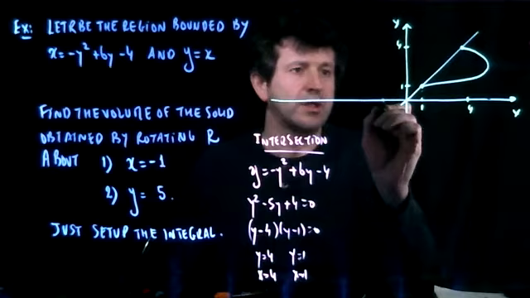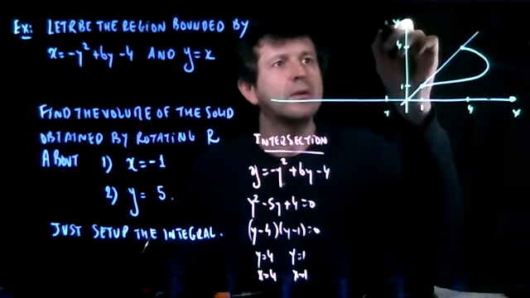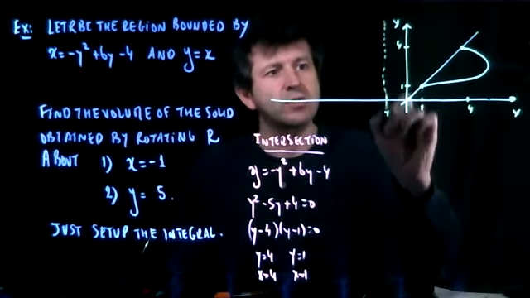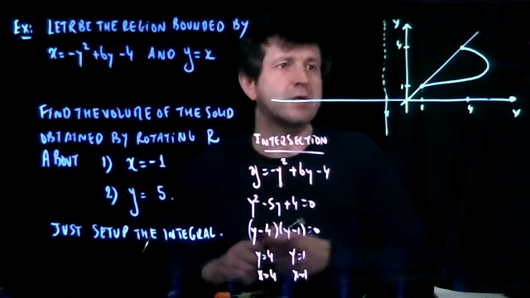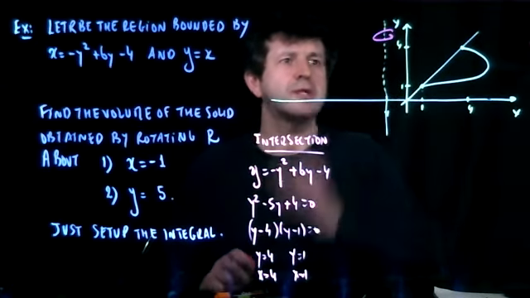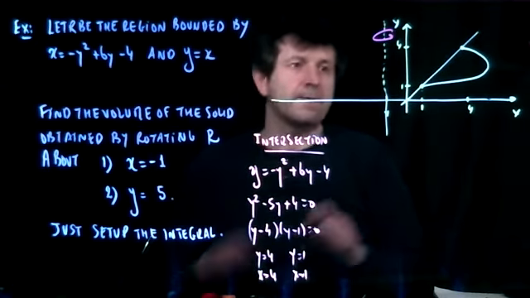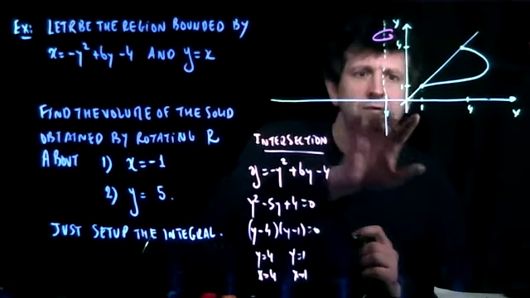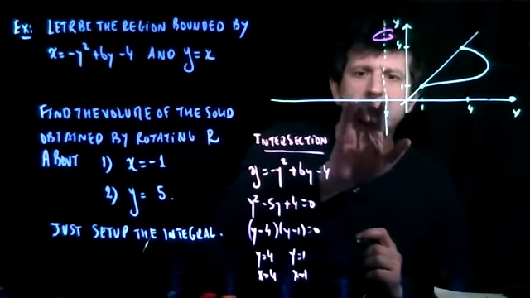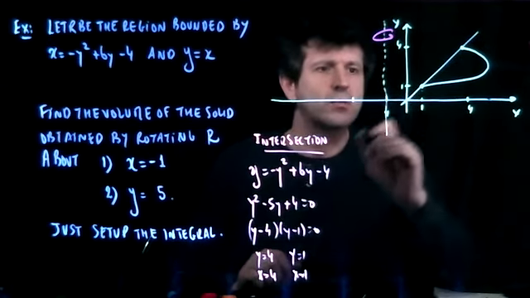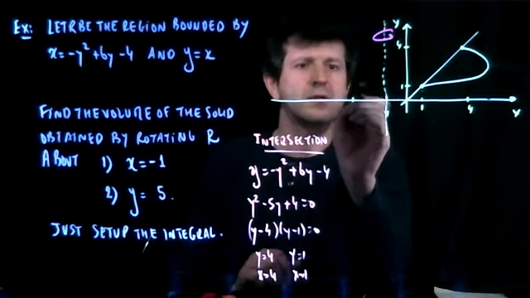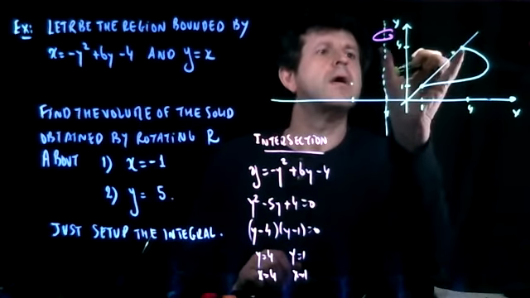And now I'm going to rotate around the x equals -1 line. This is my axis of rotation here. So again, I just want you to set up the integral. I don't need you to evaluate it. If I rotate here, I will get something like that, more or less.